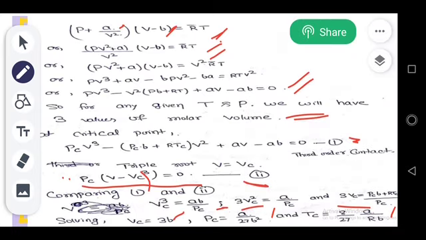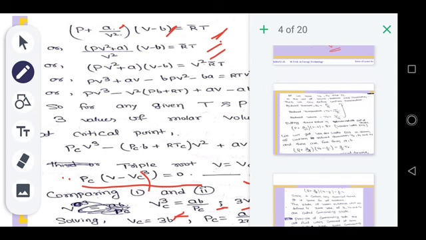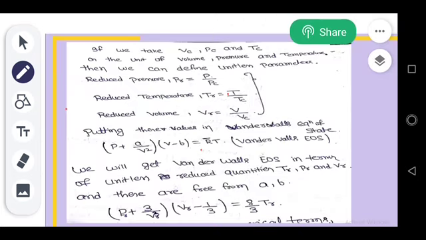So Vc is equal to 3b, Pc is equal to a divided by 27b square, and Tc is equal to 8a divided by 27Rb. So put this in the van der Waals equation of state, and we will get the van der Waals equation of state in terms of unitless reduced quantities, TR, PR, and VR.